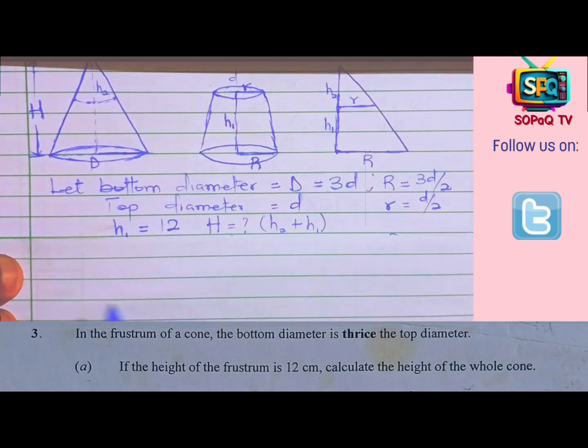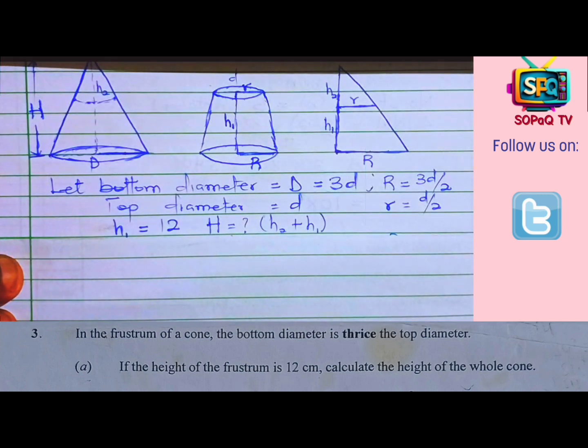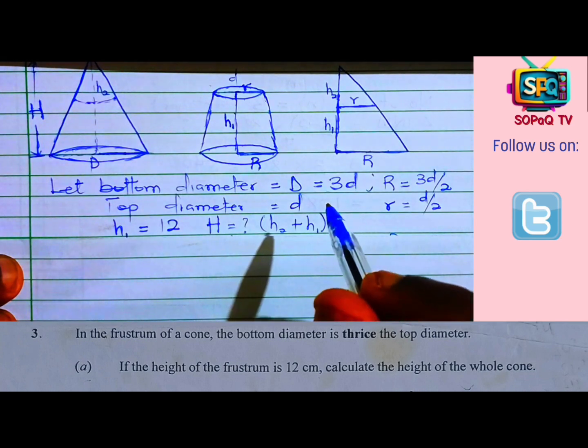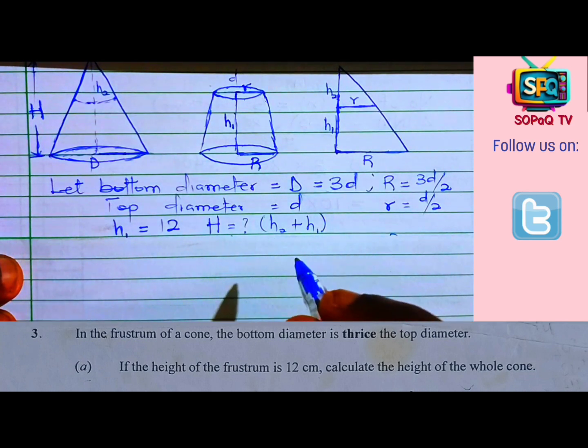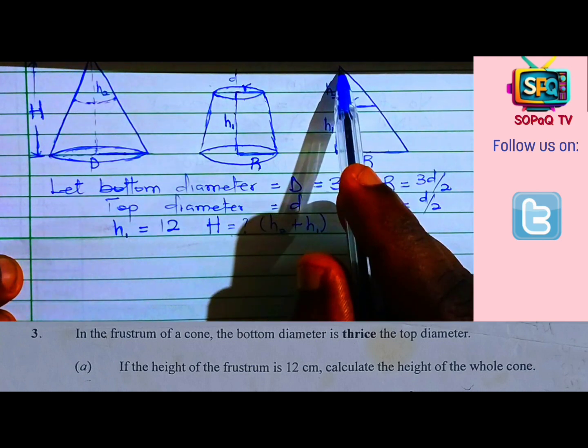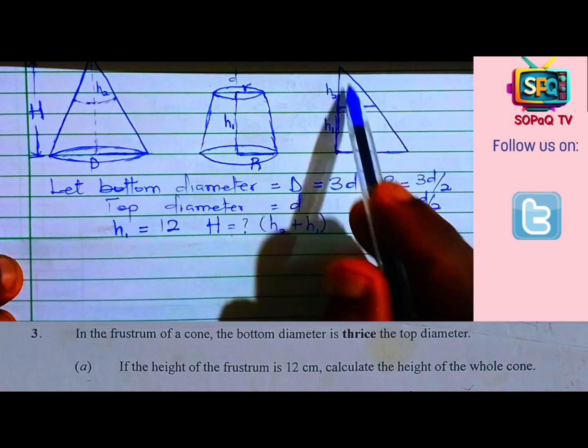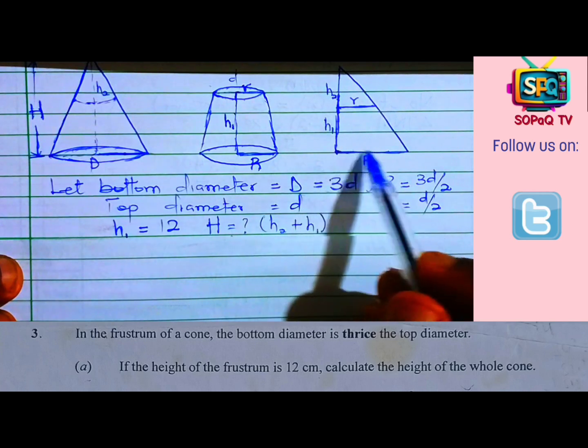Now, getting all the data, we can now adopt the concept of enlargement and similarities because of the shape of the net here.